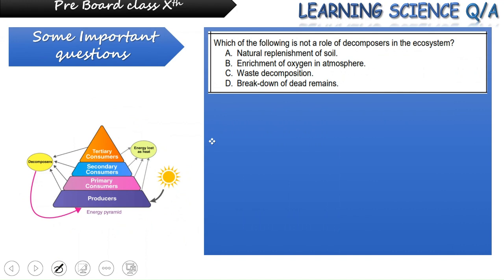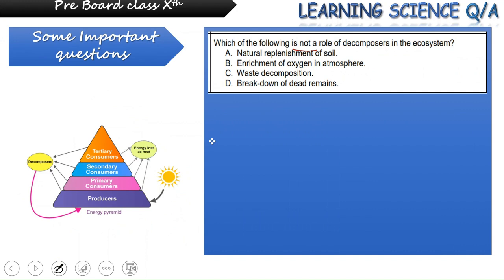Next, we have which of the following is not a role of decomposer in the ecosystem? Now, the question is the same as our previous question, because in this also we are looking for an incorrect statement among the right statements. Now, the first role is natural replenishment of soil, which is true.